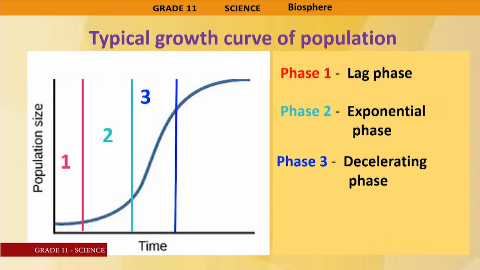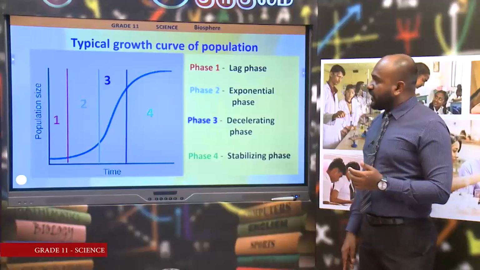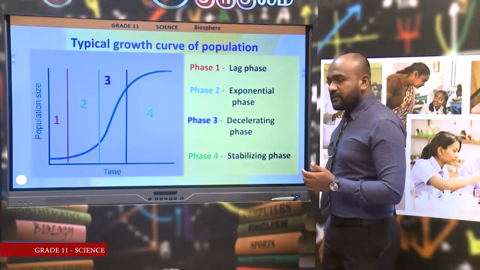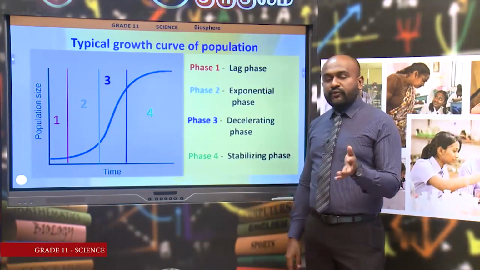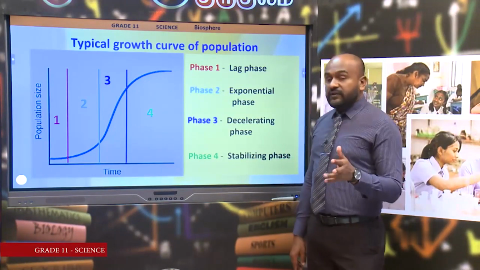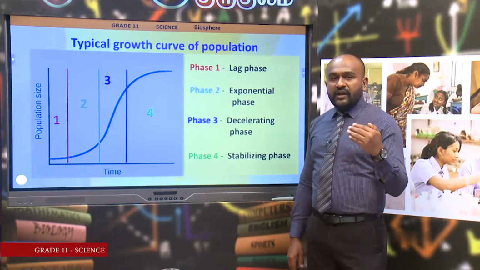Later we are going to identify the reasons, but meanwhile you can think about them. We identify another phase as well, the stabilizing phase. So, we identify 4 phases: lag phase, exponential phase, decelerating phase and stabilizing phase. Now we are going to talk about these phases in a bit more detail and learn the reasons for these changes in the growth rate.